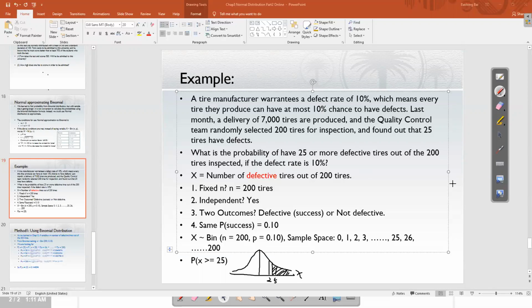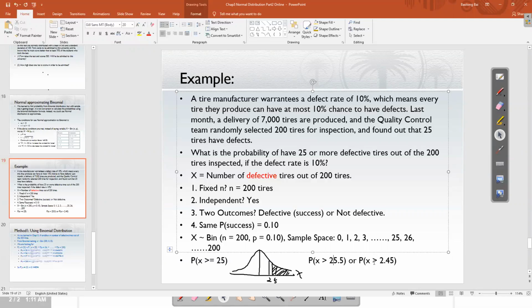So basically you have two options. Either it becomes the probability of x greater than or equal to 25.5, or the probability of x greater than 24.5. But we need to choose the one that has a bigger probability or area.